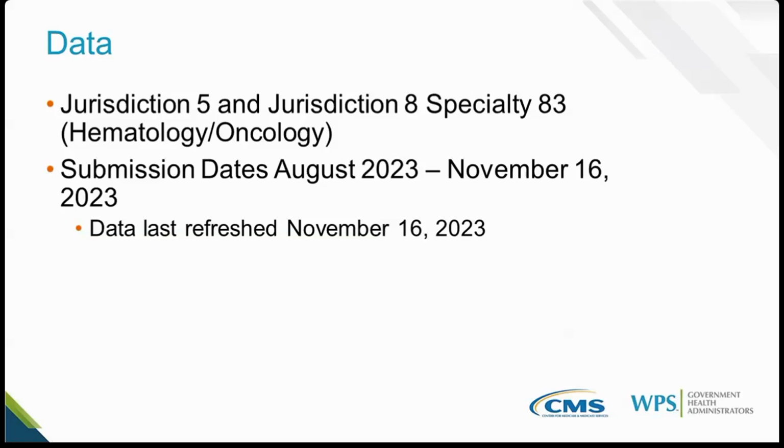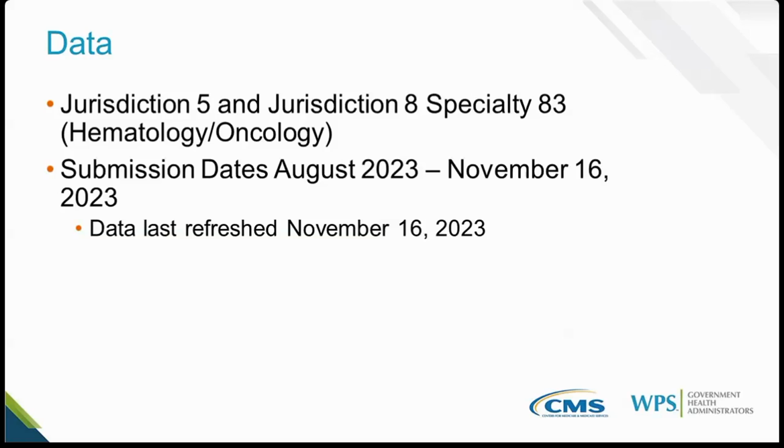For those of you that are wondering what Specialty 83 is, it's a code that's assigned to WPSGHA providers when they enroll. During enrollment, providers self-designate a specialty. While a provider can designate a secondary specialty, it is only that primary specialty, the one designated during the enrollment process, that is used during the initial claim processing.